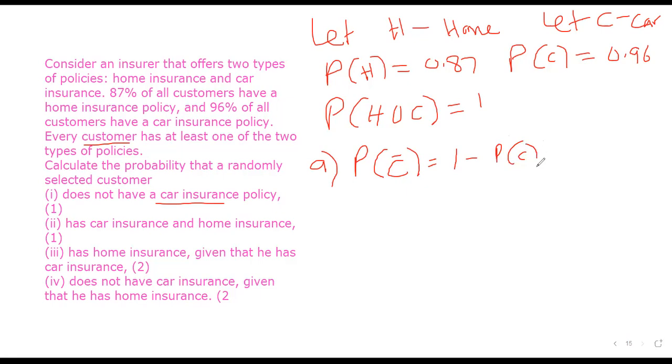Good. So this is 1 minus 0.96 to get 0.04. So meaning what's the probability that one does not have a home insurance? It's 1 minus home. It's the complement of home. Altogether, we're now applying the concepts that I've been talking about.